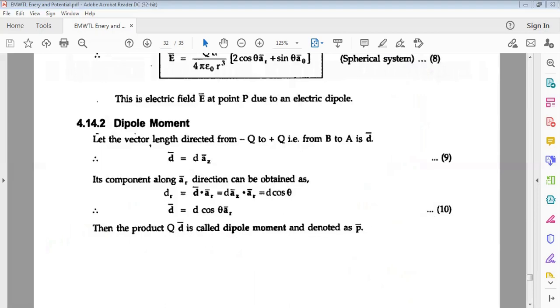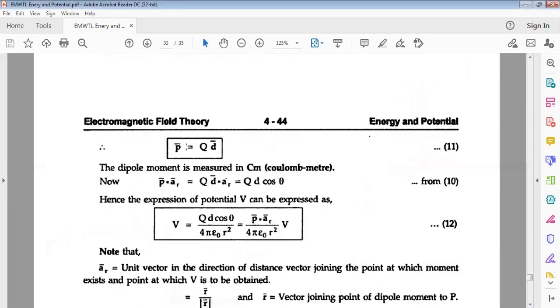Now I can substitute in the equation of electric field: P bar is equal to q d bar. The dipole moment is measured in coulomb meters. Now the dot product P bar dot ar bar is the dipole moment along the direction of r bar, or the Pr component, simply saying.